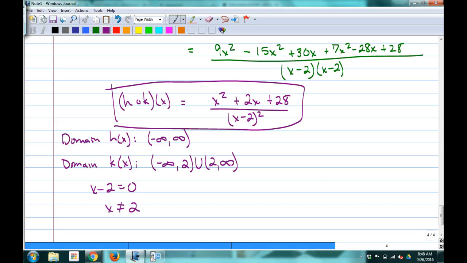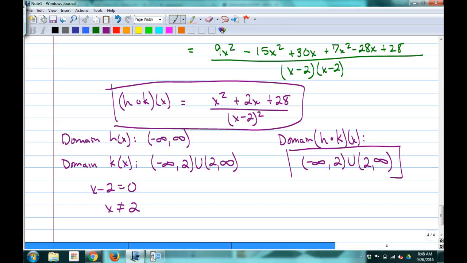So if there's a restriction on that part, that same restriction has to carry over to the restrictions on the composite function. So our domain of h composed with k of x would be negative infinity to 2 union 2 to infinity.